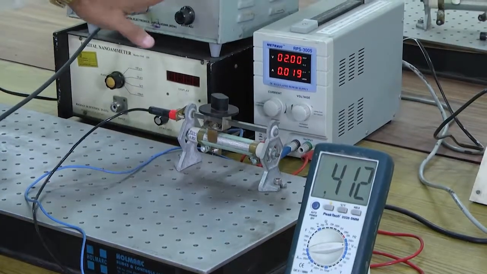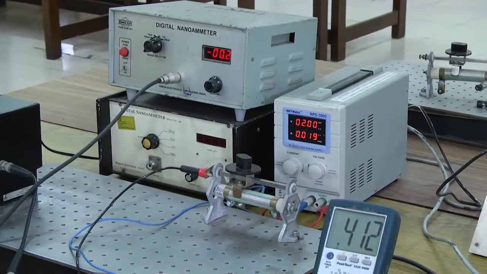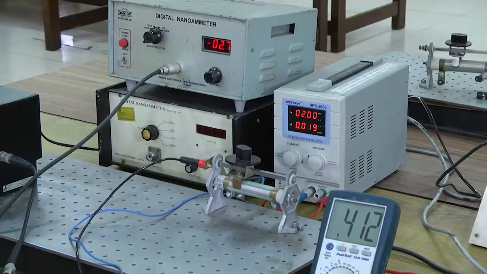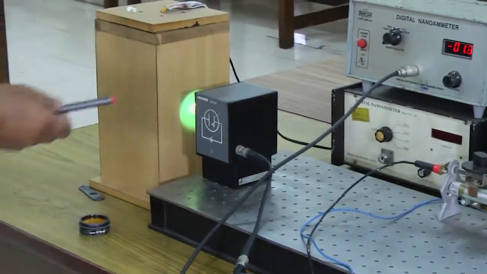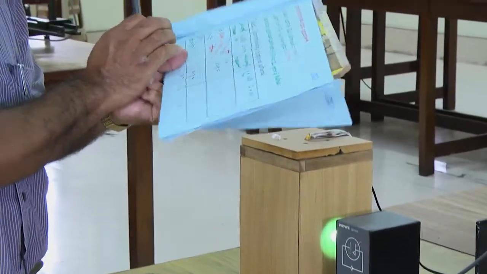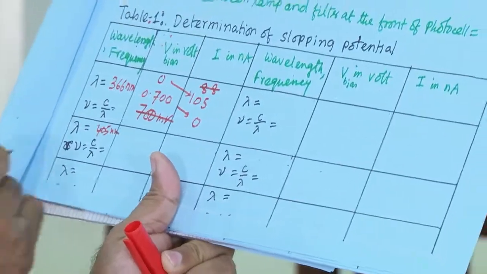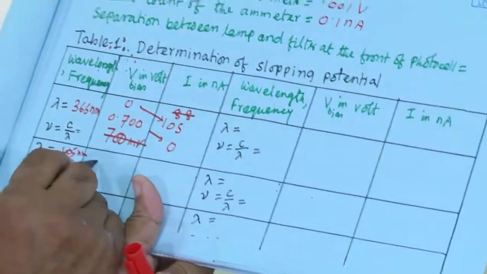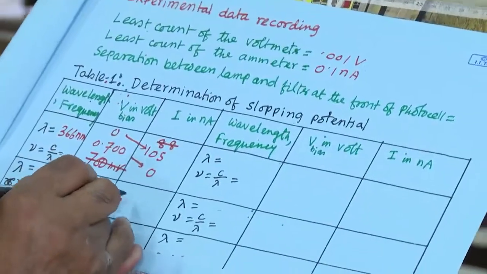So it is more or less 0 current, and the corresponding stopping voltage is 0.412. You should note down the wavelength. This next wavelength is 405 nanometer, and the stopping voltage is 0.413 for 0 current.